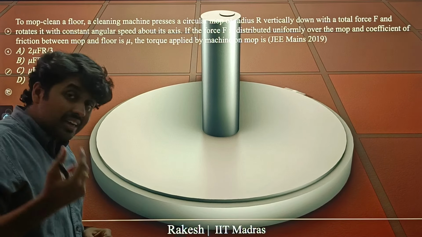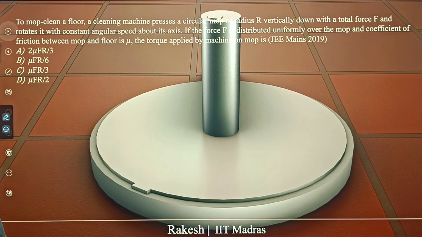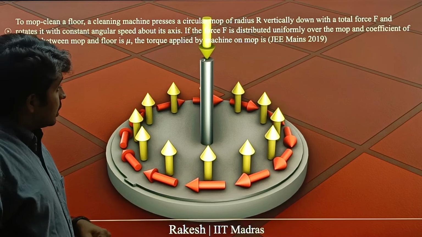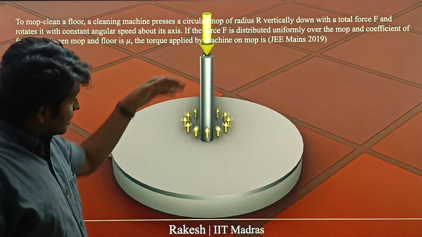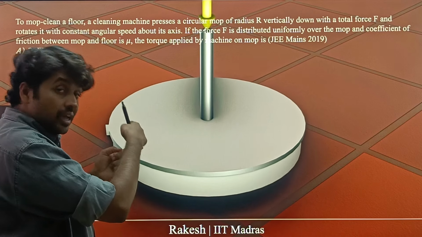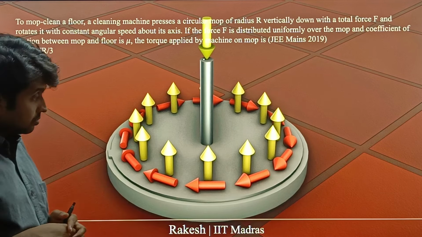So let us analyze what forces and what torques act in this question. We are pressing it with the force F, and there is a normal reaction force acting everywhere uniformly. The yellow arrows that you are seeing are the normal reaction force.